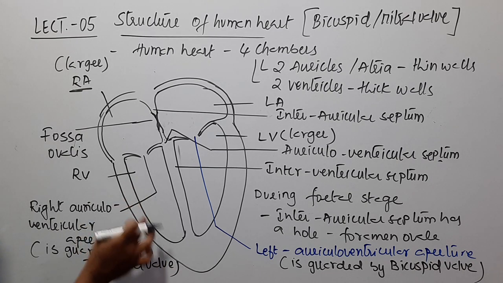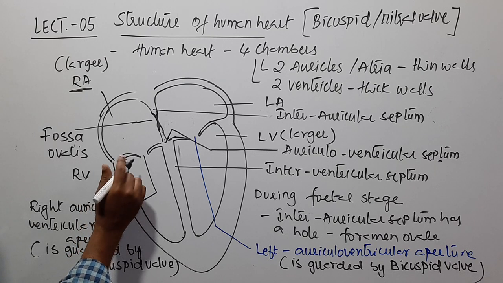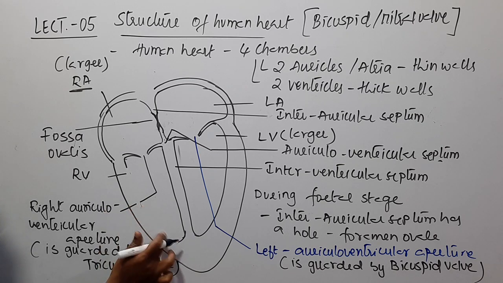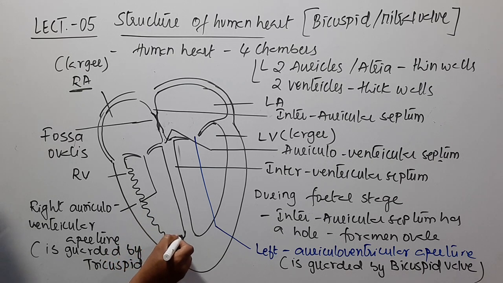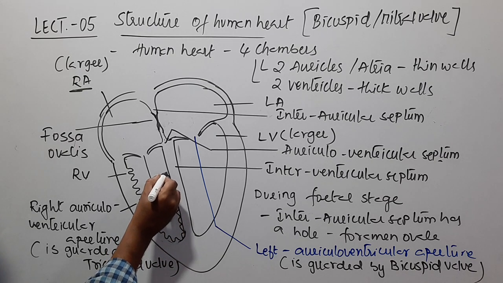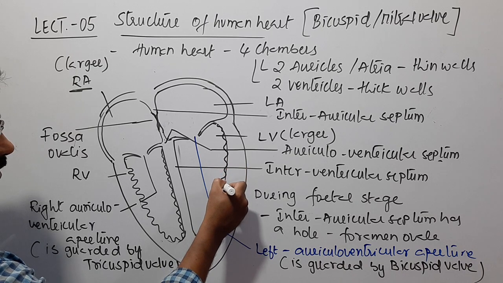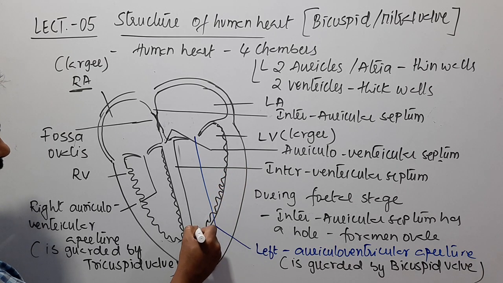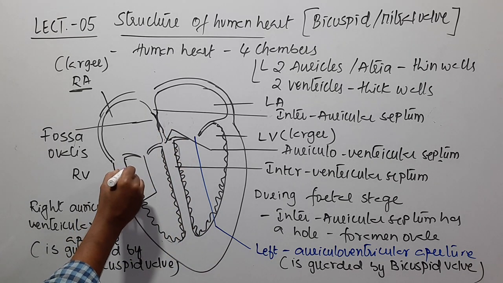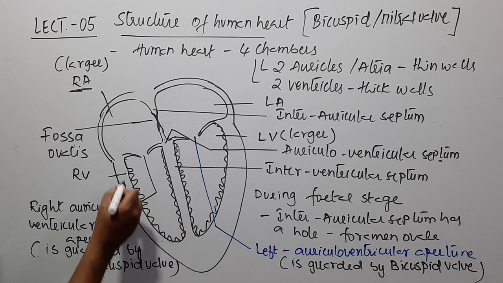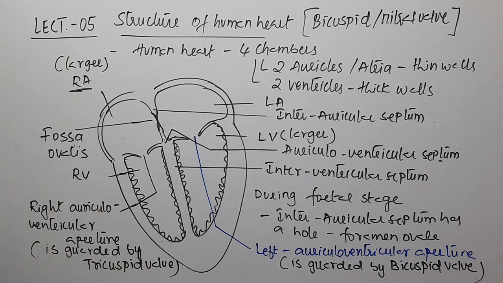Here in the ventricles, on the inner side you will find small irregular muscular columns, and these irregular muscular columns are called trabeculae carneae.